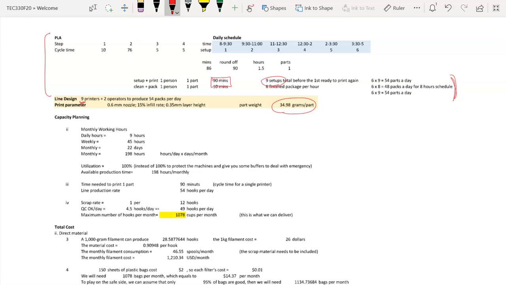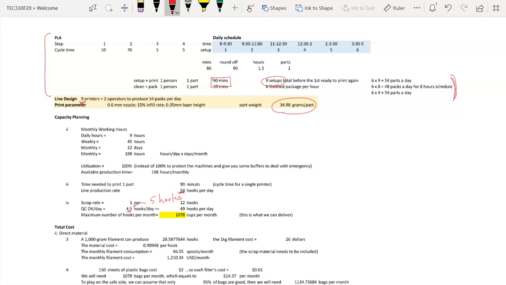Now the scrap rate is 1 per every 12 hooks. This is also an assumption. But when you look at the QC OK rate, that means out of 54, 4.5 hooks will be scrapped, right? That means you can only sell 49 of them, because 5.4, that means 5 hooks, and that's the reason it's 49.